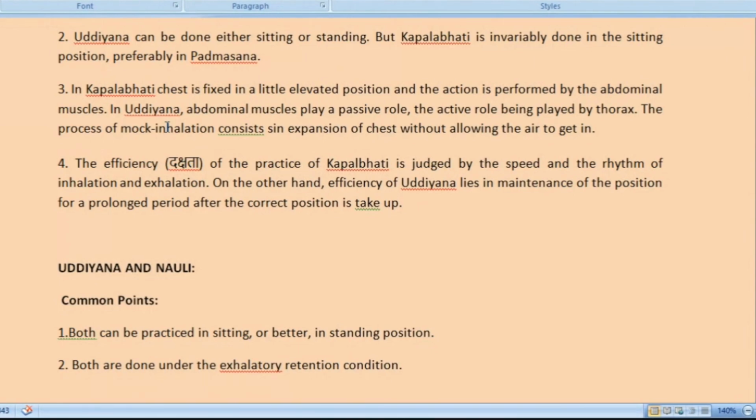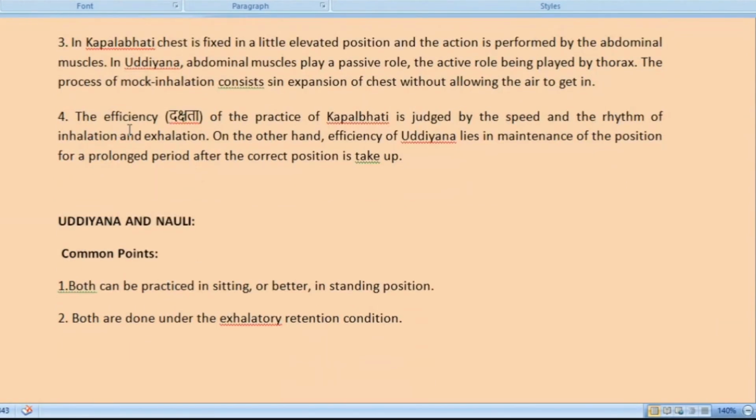The process of mock inhalation consists of expansion of the chest without allowing the air to get in. Fourth point, the efficiency of Kapalbhati is judged by the speed and the rhythm of inhalation and exhalation. On the other hand, the efficiency of Uddiyana lies in the maintenance of the position for a prolonged period after the correct position is taken up.